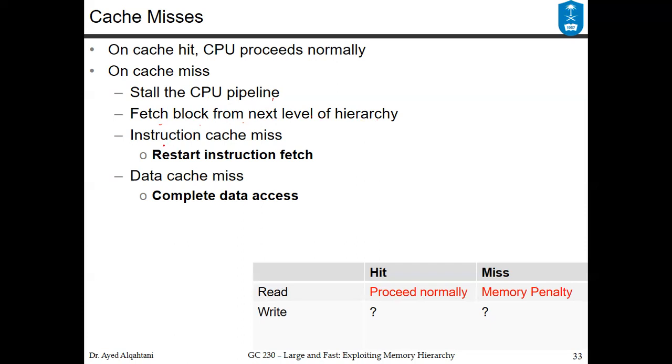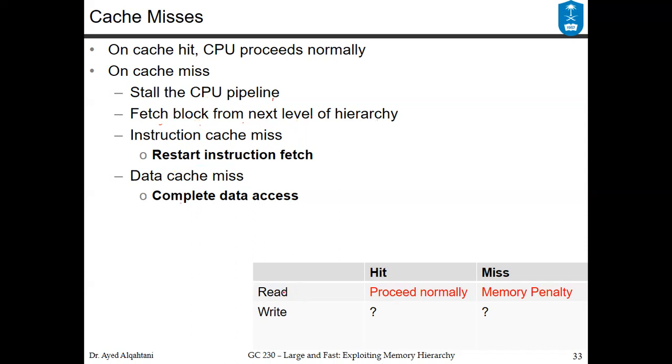And you will have two kinds of misses. If it is an instruction cache miss, so if you are looking for the next instruction, the PC plus 4, and you couldn't find it, then after you fetch the block, you restart the instruction fetch again. If it is a data cache miss, then after you stall and fetch the block from the next level, you complete the data access.